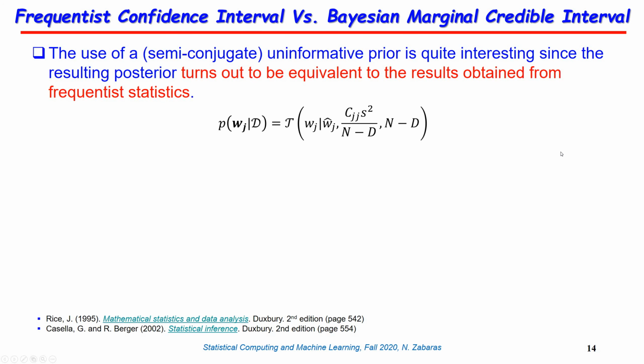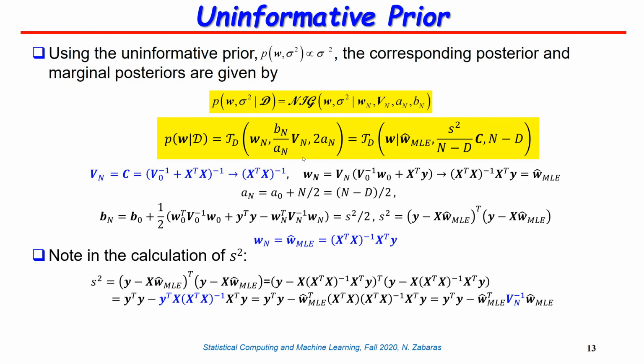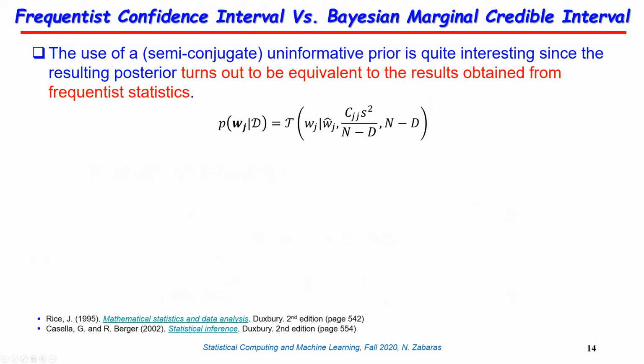The marginal of a specific parameter Wj also follows this Student t distribution. This matrix C, by the way, was no need for a new matrix; C here is nothing else but X transpose X inverse.